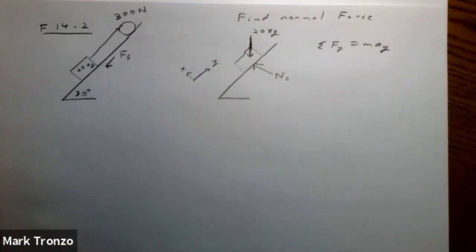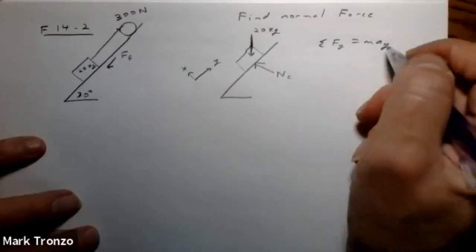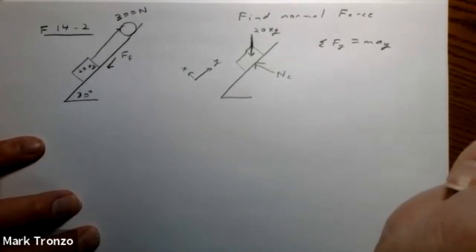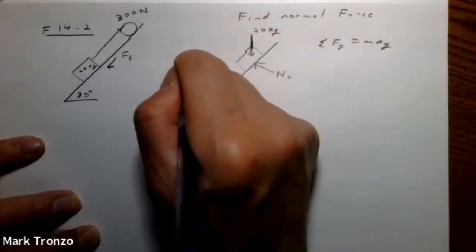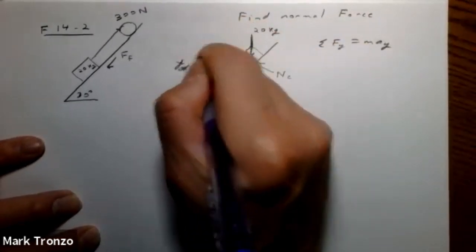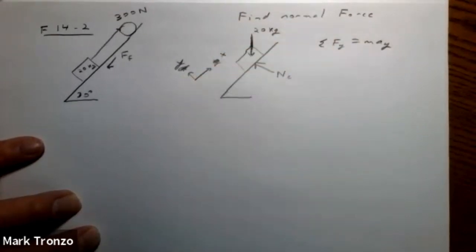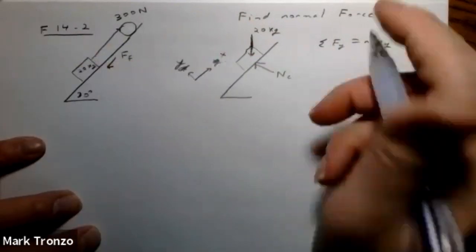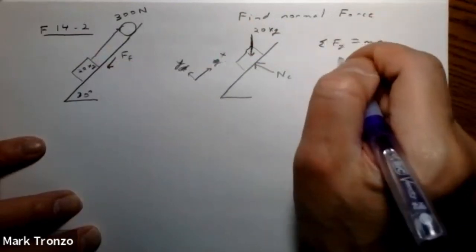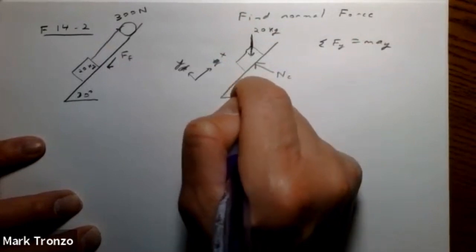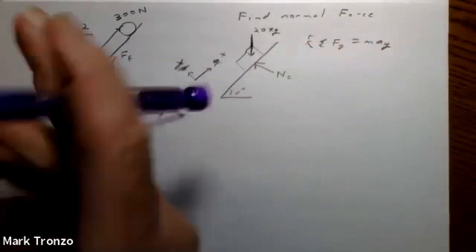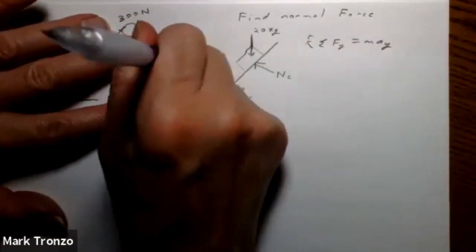Remember that we always want to consider the acceleration, even though in this case we're not going to have any acceleration in the Y direction. So if we use X and Y this way, there is no acceleration in the Y direction. And if this is 30 degrees, in the Y direction, call up plus.